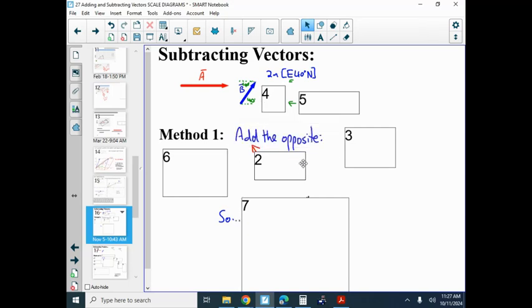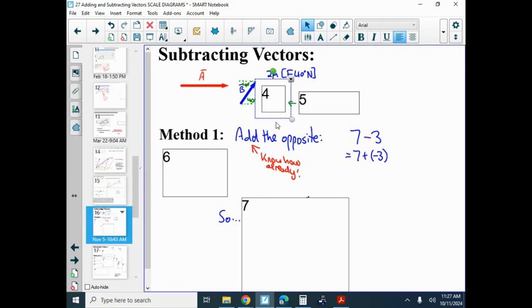Here we go. So if we're looking at subtracting vectors, okay, one method that works is adding the opposite. So you're thinking of adding or subtracting A and B. Basically, we already know how to add vectors, so it kind of makes sense. You could think of 7 take away 3 as the same as 7 adding negative 3 to it, right? Just algebraically.